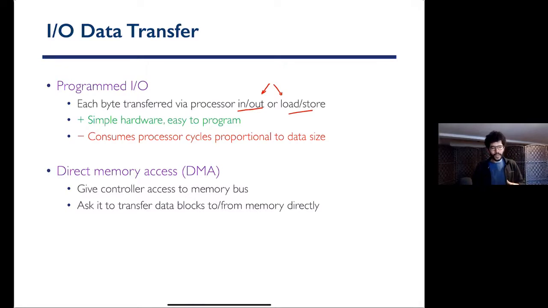Now, we run the device driver. The device driver sets up the DMA engine, and then the DMA engine transfers all the bytes. And while the DMA engine is doing it, the CPU can do something else. The CPU can move on to running another process or another thread, right? And once the data is transferred, the DMA engine raises an interrupt, and the CPU now wakes up and says, okay, it's done. What do you want to do next?